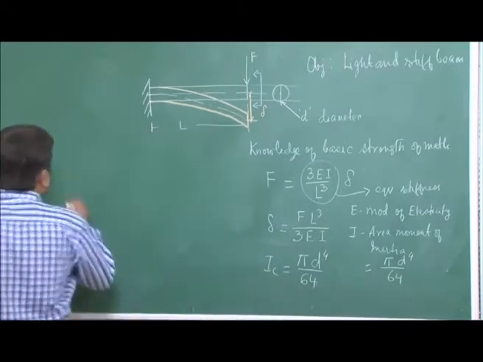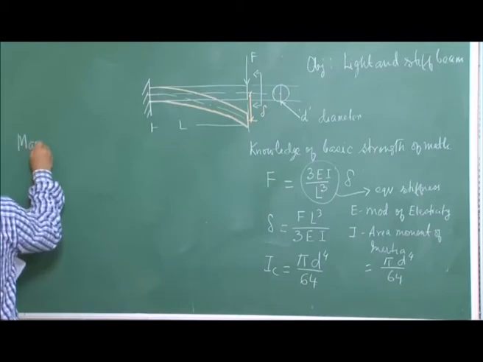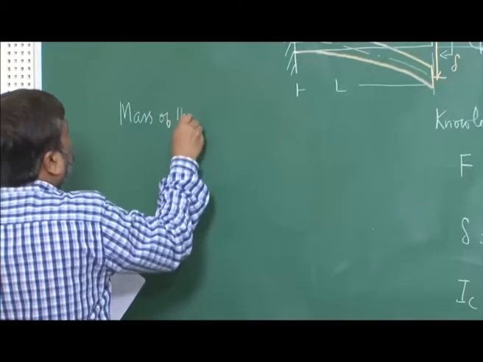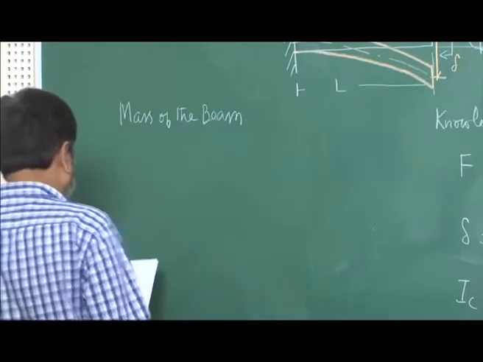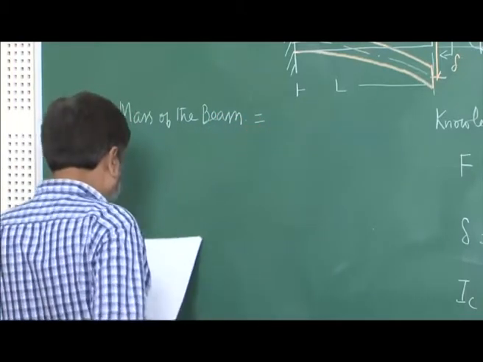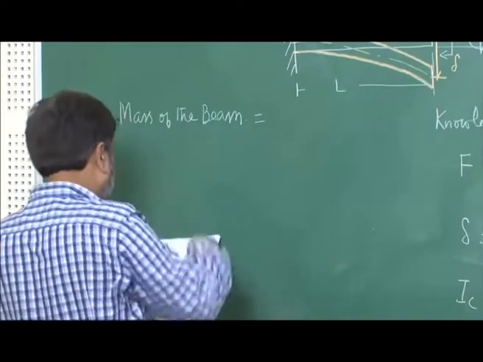So, what is the mass of the beam? The mass of the beam is the density times the volume of the beam itself.